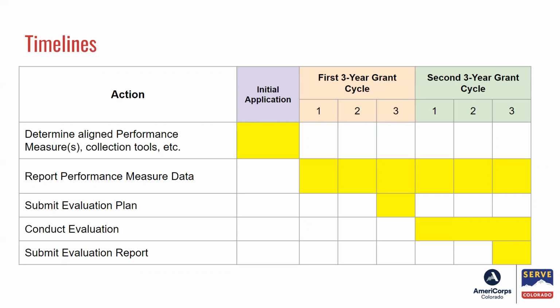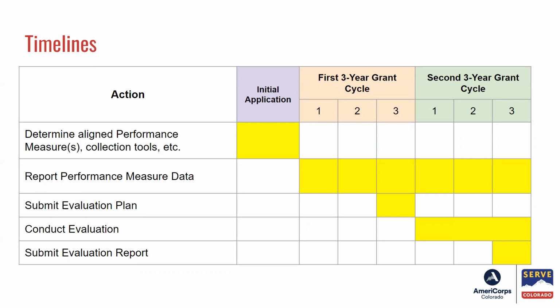So we will be working with our formula programs to make sure that they have the time and the resources to make that transition into creating a high quality evaluation plan. Those evaluation plans are considered as part of the review process in recompete applications. So again, for those of you moving from overall year 3 into overall year 4 for a second 3-year grant cycle, you'll be submitting that evaluation plan.